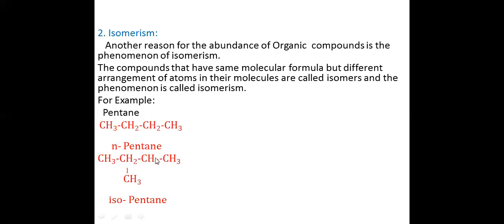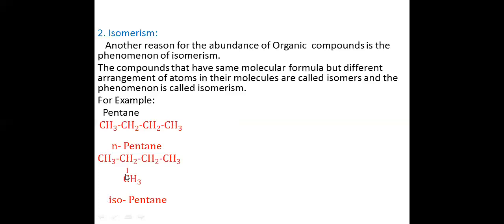This is one, two, three, four, five. For pentane we need one more carbon atom, with three hydrogens. This is called pentane. If all the carbon atoms are present in a straight line, that pentane is called n-pentane. N stands for normal.